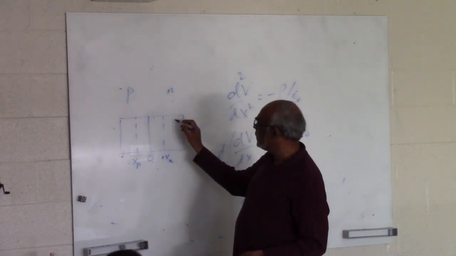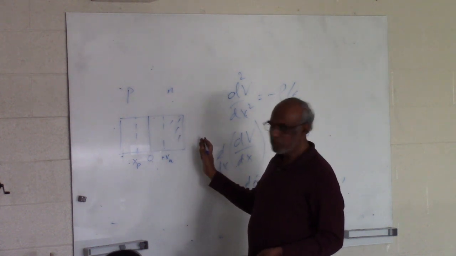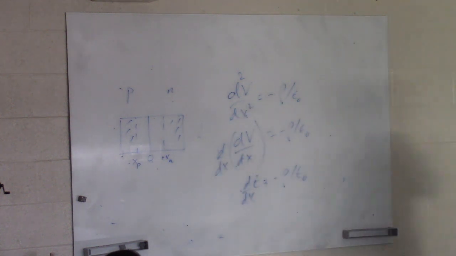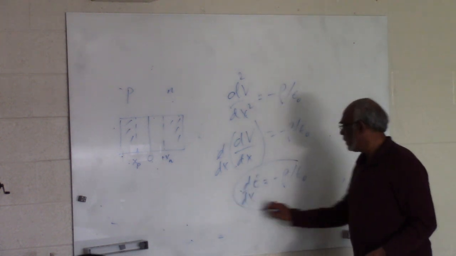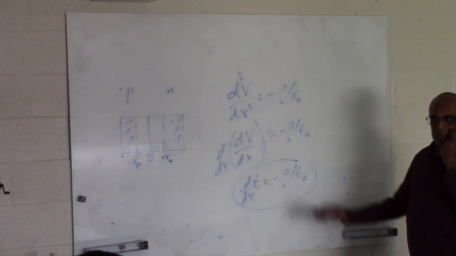What happens in this region? Electric field is 0, right? Total charge is 0. How about here? Only here you have charges. That's why you have electric field. So then you can easily calculate your E by integrating this one. Is that clear? Pretty simple.